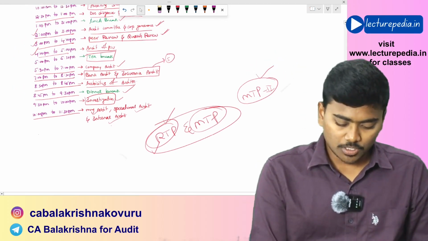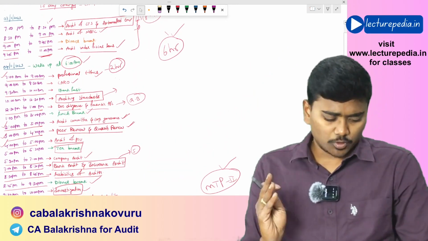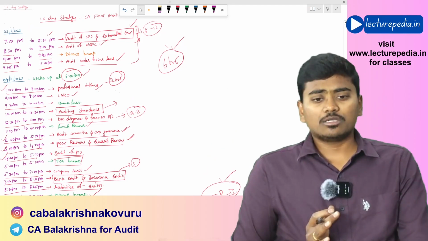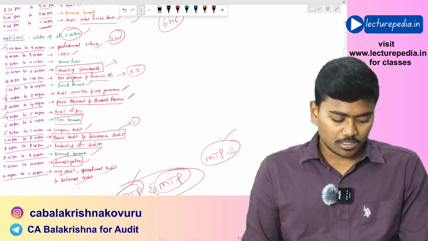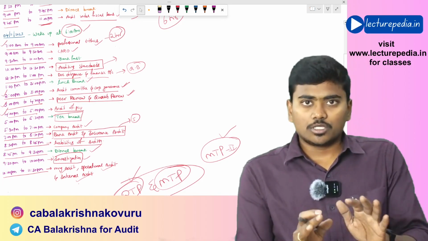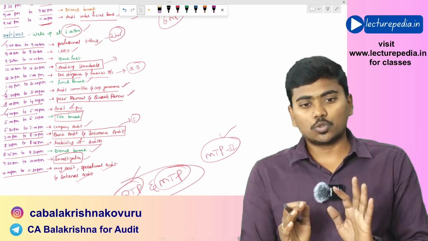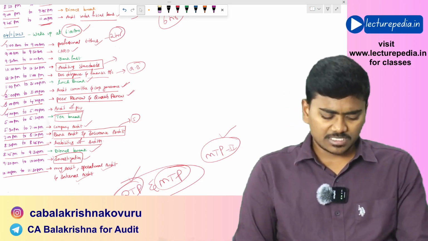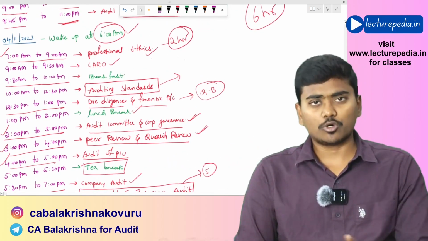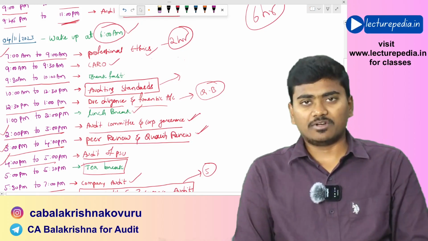So this way you plan your schedule. In case you are not able to revise the complete syllabus, don't worry. It is sufficient even if you properly revise 80% of the syllabus. Don't panic if you are not able to revise completely, because since the syllabus is huge, it might be possible that some of the content might not be revised.